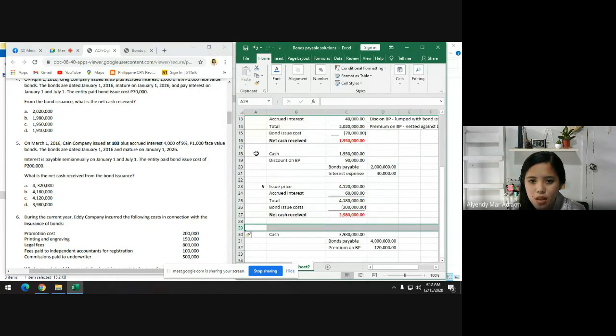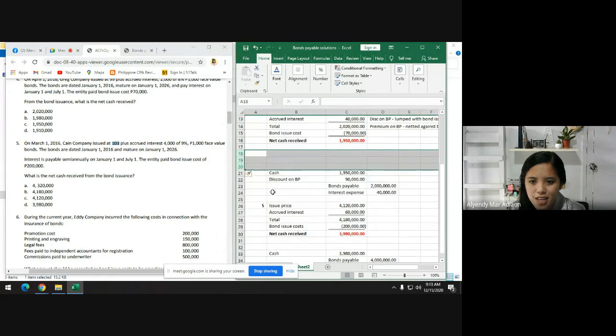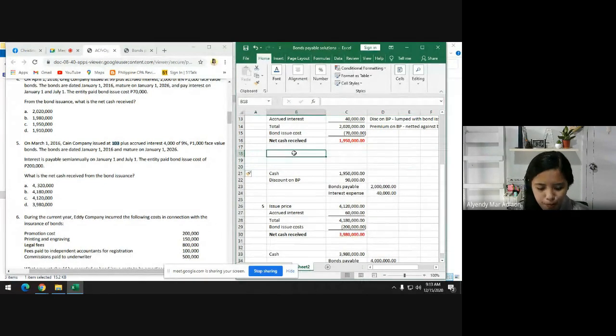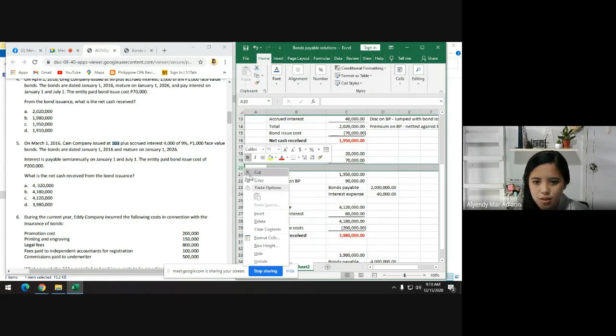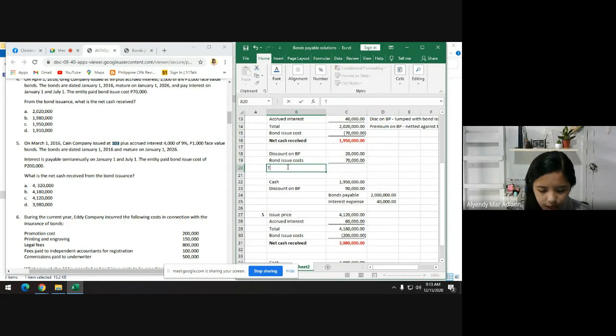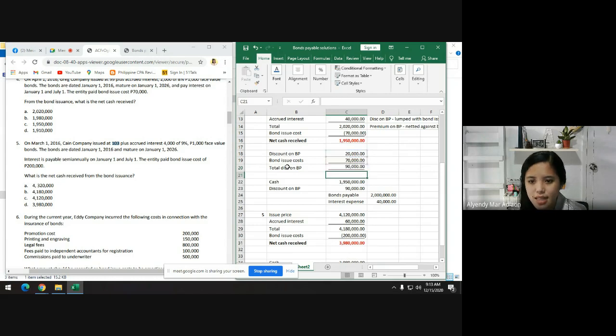Okay? So, ako at among butangan diri og solution ha para mag-guide mo. So, balik ka sa number 4, we have discount on bonds payable, di ba kaganiha, that is 2 million times 1% plus the bond issue cost of 70,000. So that is why our total discount on bonds payable is 90,000.